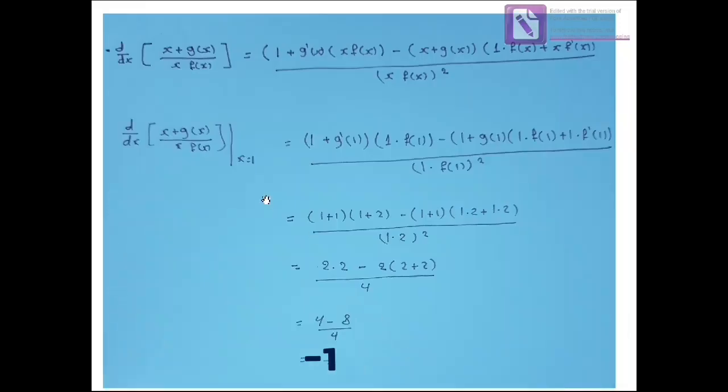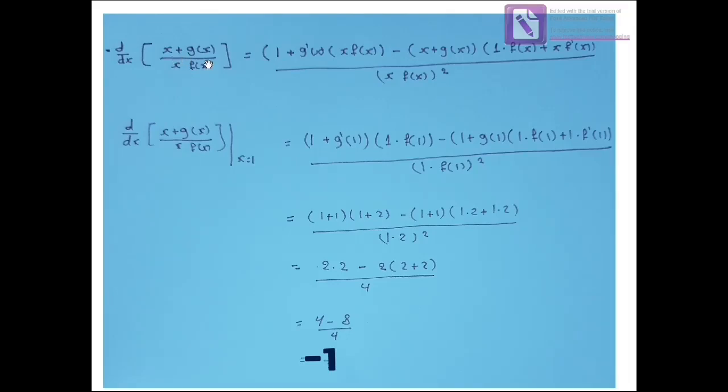Then for the second one, derivative of (x plus g of x) over (x f of x), we need to find the derivative using the quotient rule. So here, to find the derivative, we will use the quotient rule.